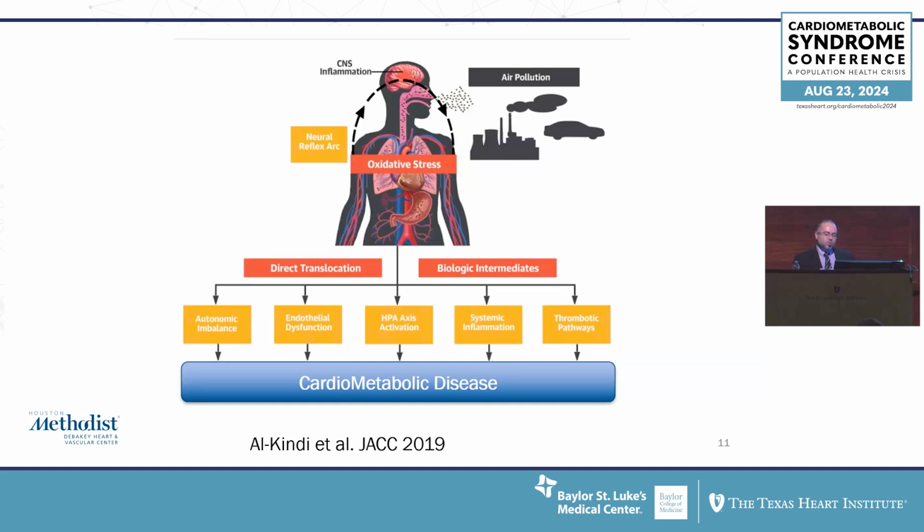And we have small ultrafine particles, including microplastics, that can translocate through the alveoli and the gut barrier to the blood and lead to effects in different organs. And we have effector mechanisms that include autonomic imbalance, endothelial dysfunction, inflammation, and thrombotic pathways, all of which can contribute to cardiometabolic disease.